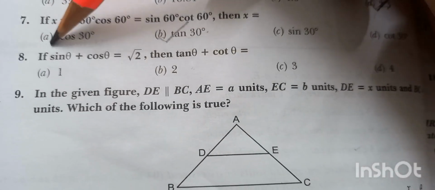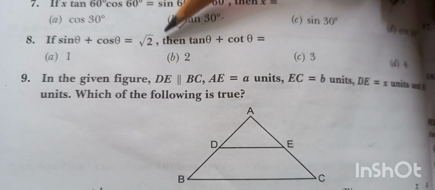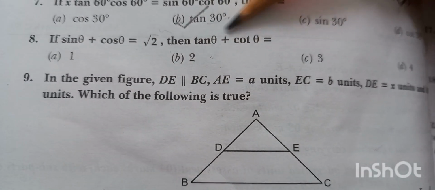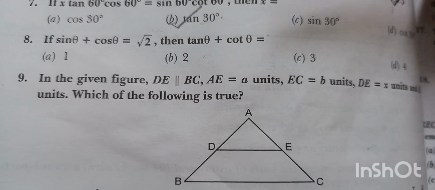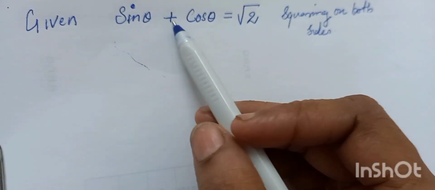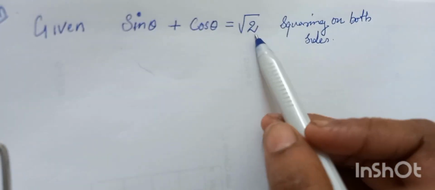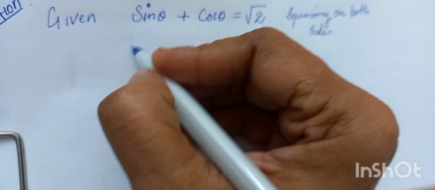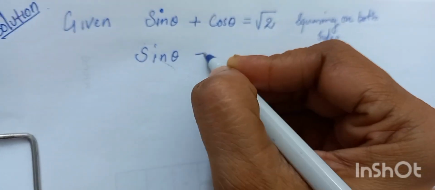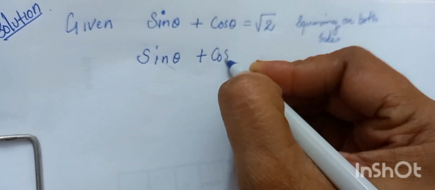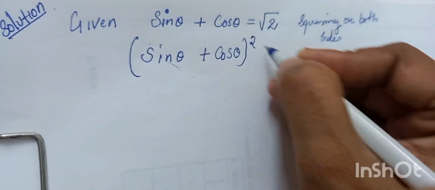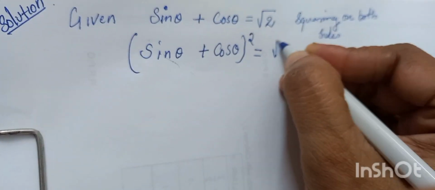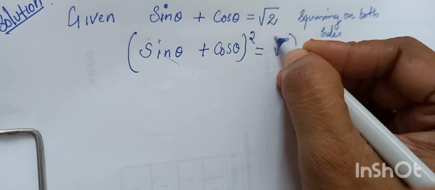Question number 8. If sin theta plus cos theta is equal to root 2, then tan theta plus cot theta is equal to what? So let's do the problem. The options are given. Given sin theta plus cos theta is equal to root 2. Squaring on both sides, we get (sin theta plus cos theta) whole square is equal to root 2 square.